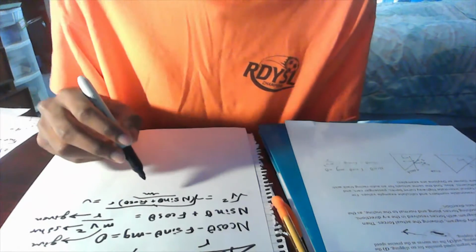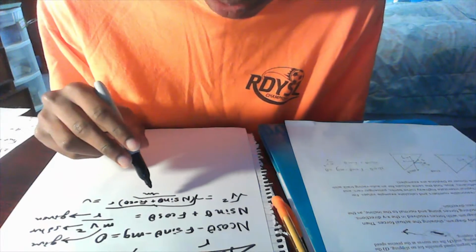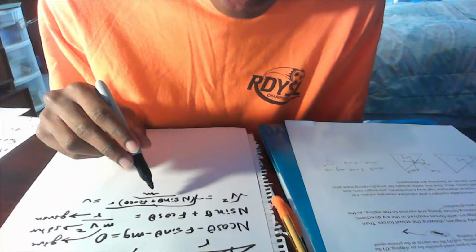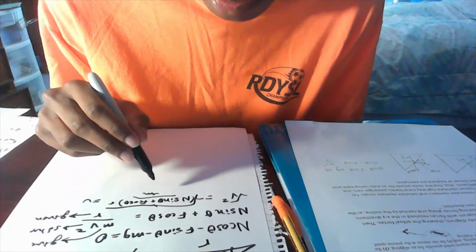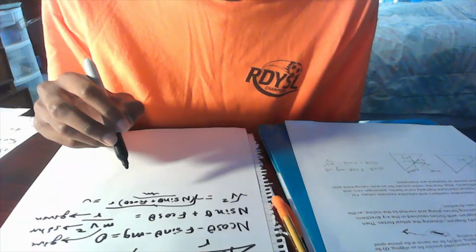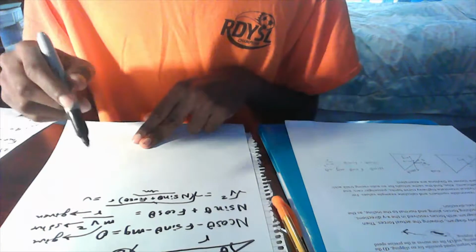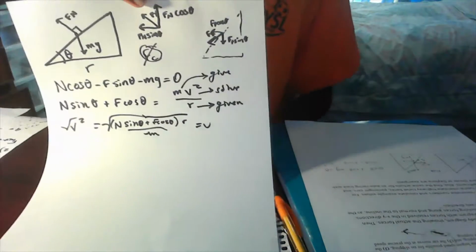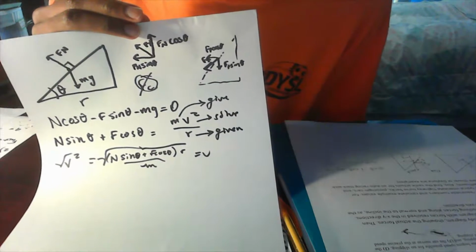I'm not going to put in values now since the video is way over 10 minutes, but that's the theoretical equation that we want to use. So v is the square root of (N sine theta plus F_f cosine theta) times r over m, which will be the velocity with no slipping given the friction there.